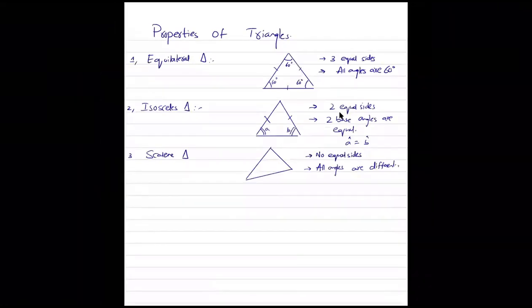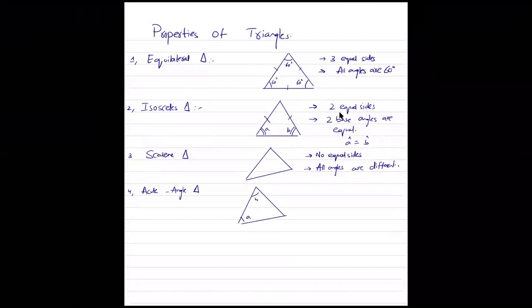Now when we talk in terms of the angles, let me give an example of an acute angle triangle. An acute angle triangle is a triangle in which all the angles are acute.